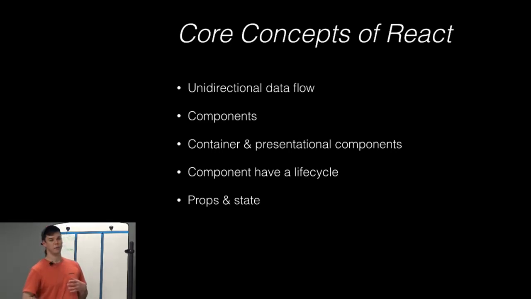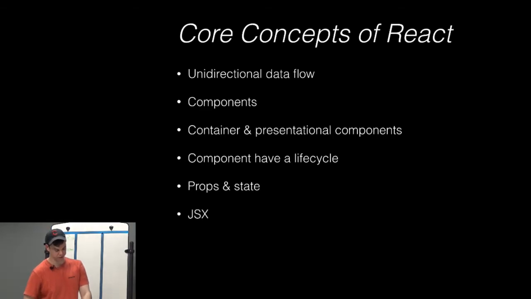So the idea with props and state in React is that everything that is a prop is passed down into an object, and state can be internal. And I think this will make a lot more sense once we start to look at some of the code here. Then JSX is simply a way of expressing JavaScript that will render HTML more simply and in a more concise fashion.